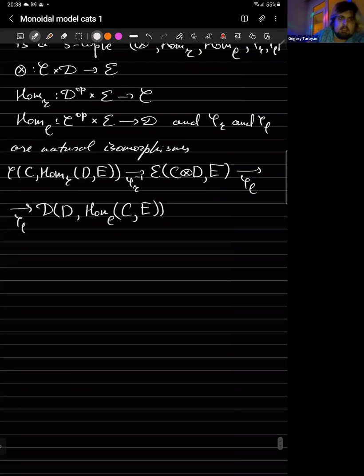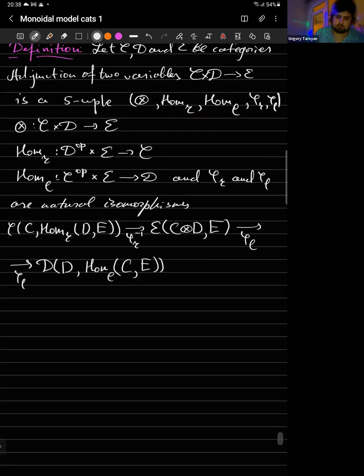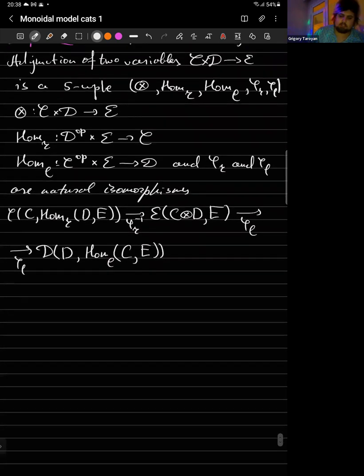Yeah. So that's what an adjunction is. And now let me define a closed monoidal category.